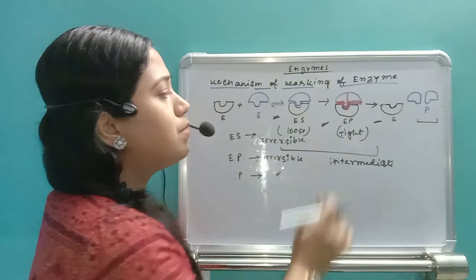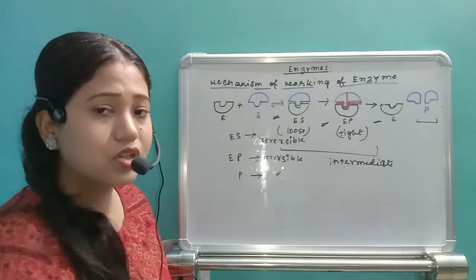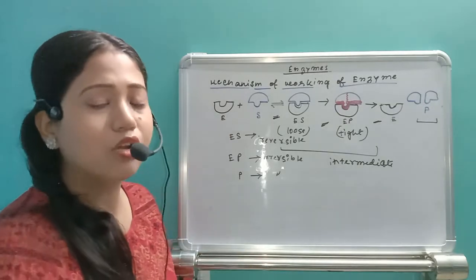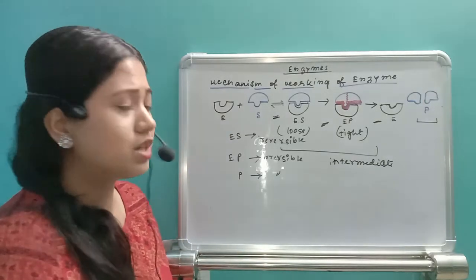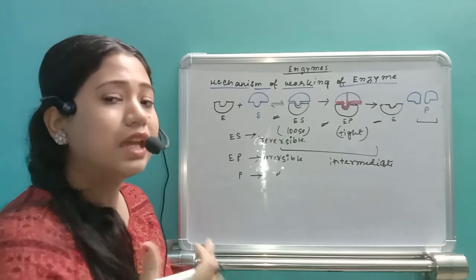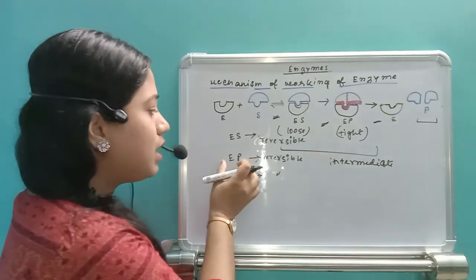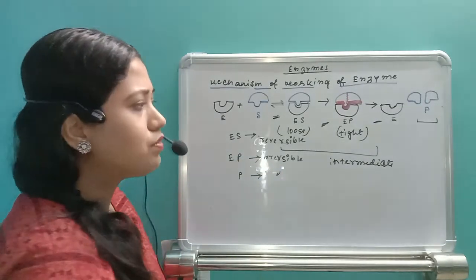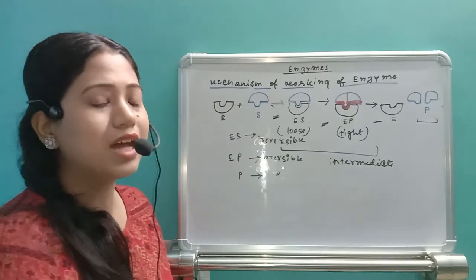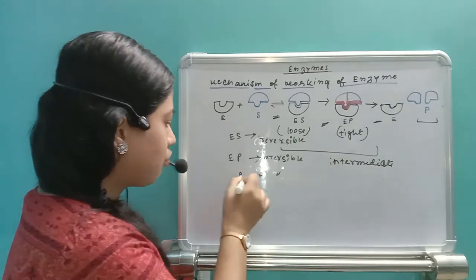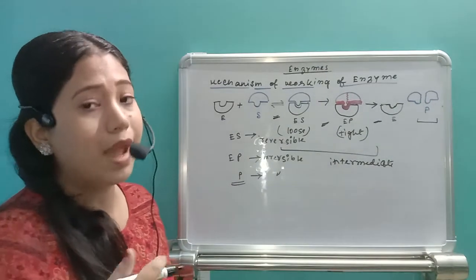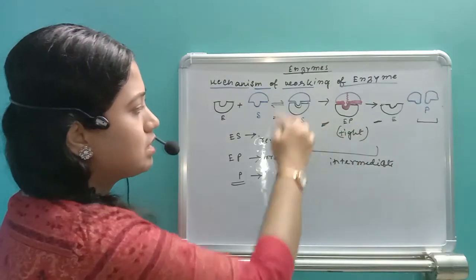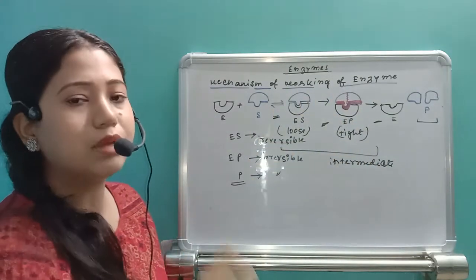But once EP is formed, the reaction has already proceeded, the substrate has already changed in chemical bonding, a lot of chemical reactions are going on, so after that you cannot reverse or get the substrate back. So the EP complex is irreversible. And obviously whenever the product has been formed, it is already detached from the enzyme, so you cannot get the substrate back. This is how the reaction occurs, and this state will be called the intermediate state.